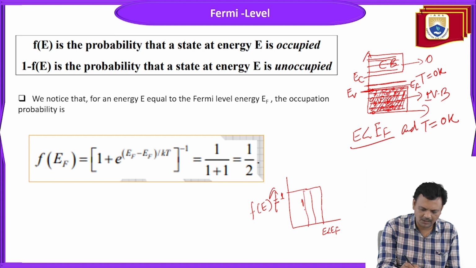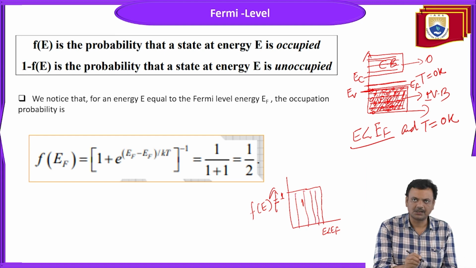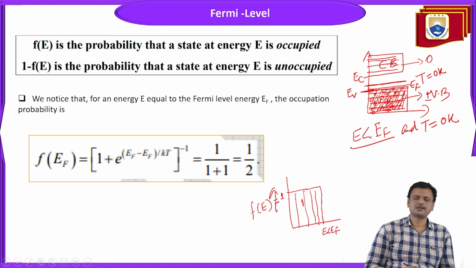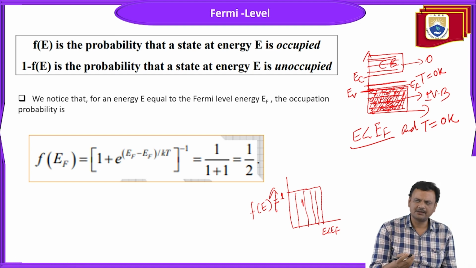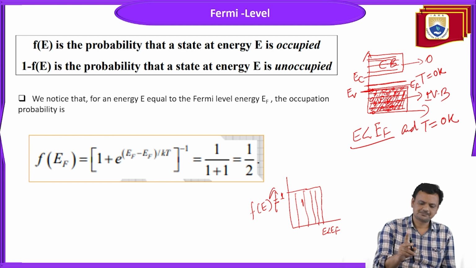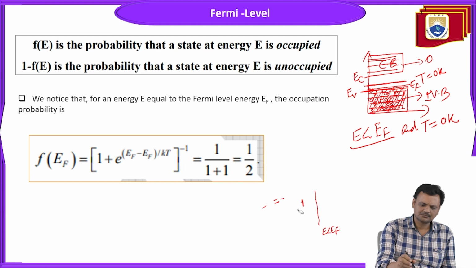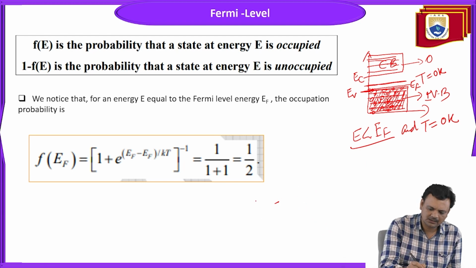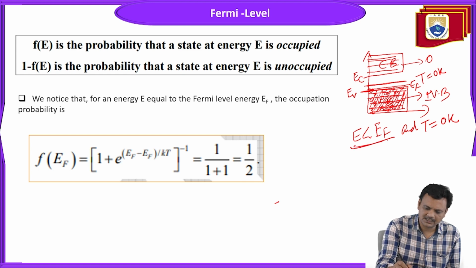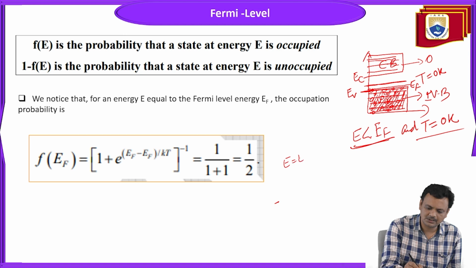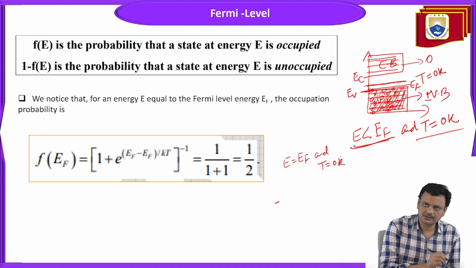All the energy levels will be completely filled. Okay. Now at the same time, at T equal to 0 and E equal to EF, what happens? I discussed the case E less than EF at T equal to 0. What happens when E is equal to EF and T is equal to 0 Kelvin?